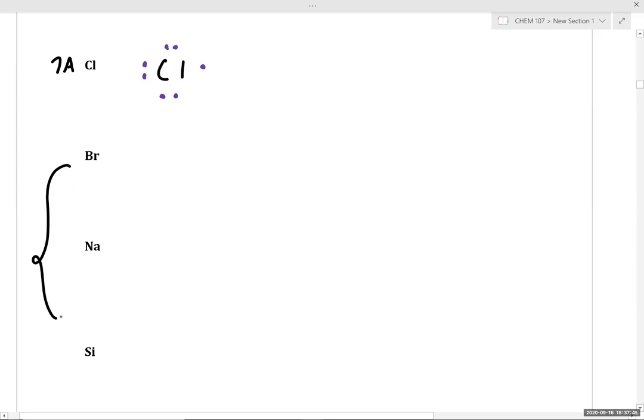I'd like if someone would be willing to try annotating their proposed Lewis dot structure. If not, you can share in the chat the number of valence electrons for each of these 3 atoms. This is a really important skill that we're developing. So let's take about 2 minutes to make sure we're all on the same page. And if you have any questions, don't be shy to ask in the chat.